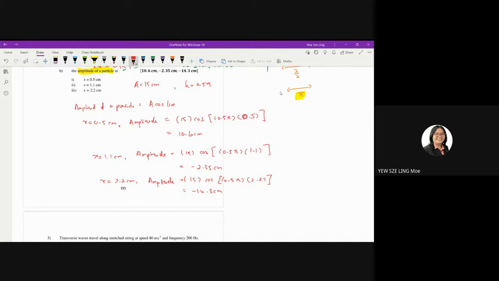So 1 minute for you to write it down, then we will move on to question number 3. If you're done, you may try question number 3 first. Question number 3 is very similar to question 2. Oh, actually, I think it's much simpler than question 2.